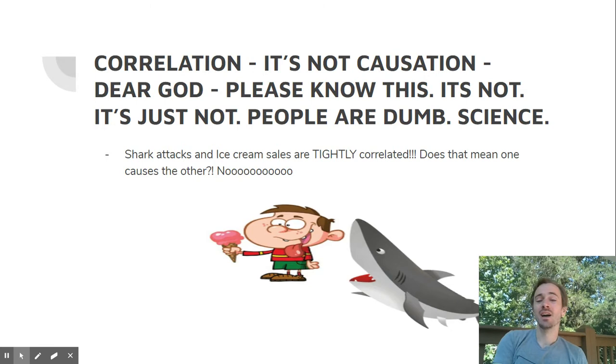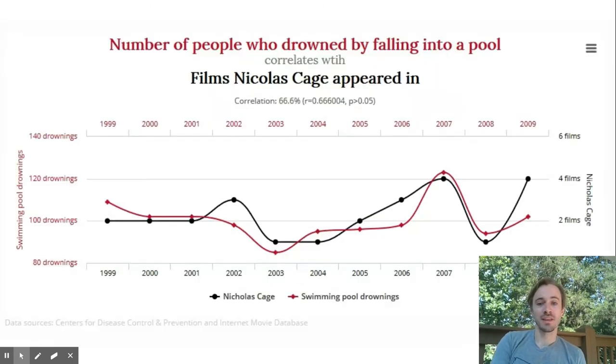And that is true across so many different things. There's an entire website on this, my favorite of which is a very tight correlation between number of people who drown by falling in a pool, tightly correlated with the number of films that Nicolas Cage appears in. A correlation of 67%.